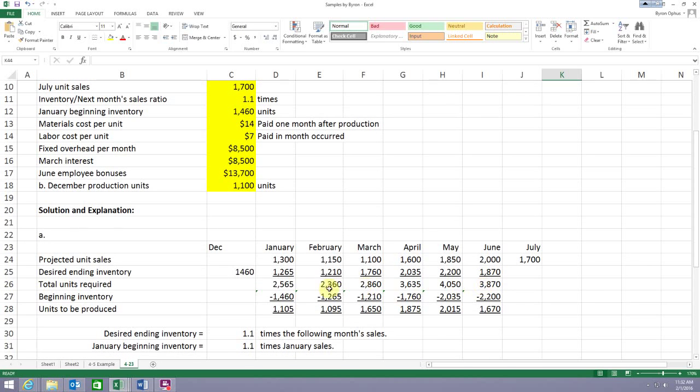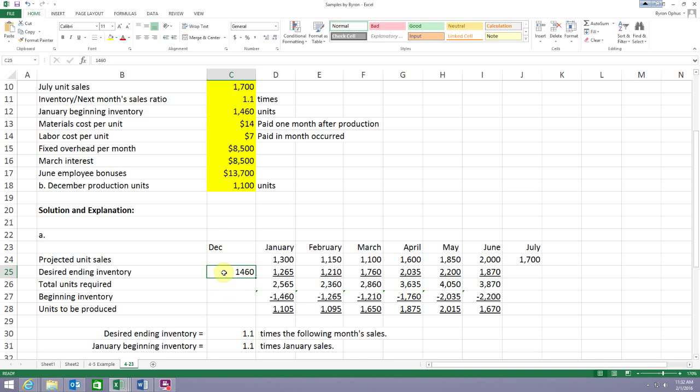Okay. And you guys have a little shorter time frame. My desired ending inventory, remember, is 110% of my projected sales for the next month, right? So I can simply do this, okay? It'd be 10% times this plus this, if that makes sense.